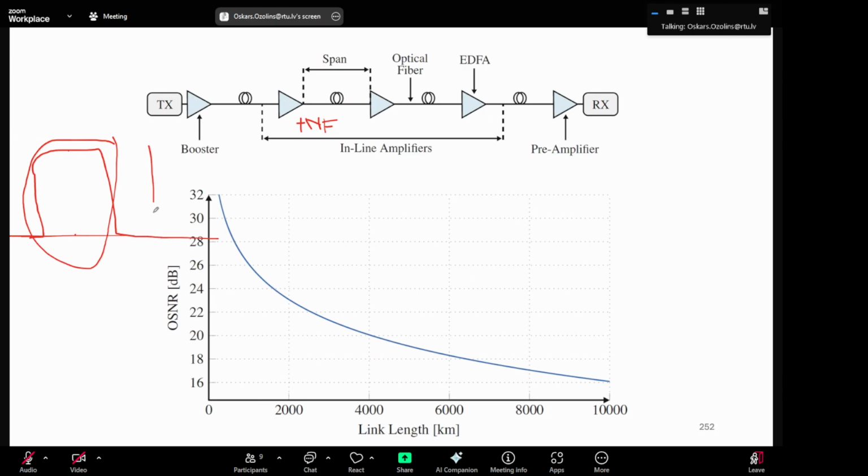Sometimes engineers just look at the difference between signal and noise. It's not easy to do in WDM systems when you have one more channel here. There are different methods to estimate the signal to noise ratio: you can switch the signal off and on, or you can know the shape of the signal, and if you know the noise level, then you can get OSNR.